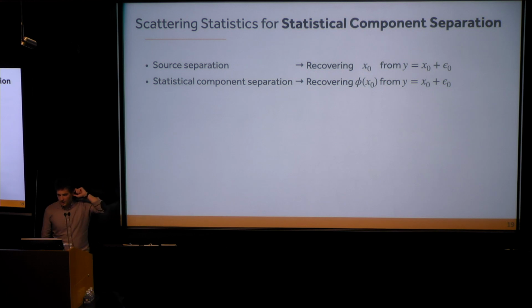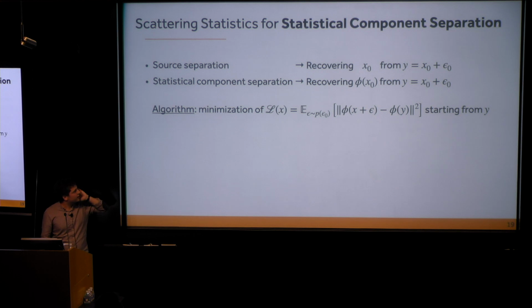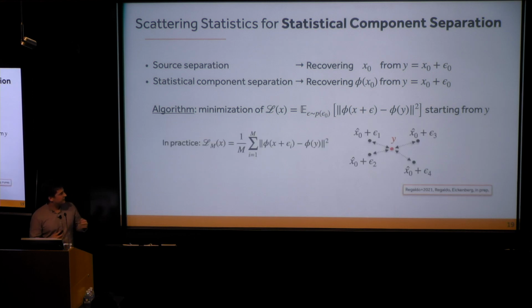And so this is what the statistical component separation problem addresses: recovering this phi of x naught given y. To do that, we introduced a couple of years ago an algorithm consisting in minimizing this kind of loss function starting from y. So you progressively deform your observation y to make a map such that this map plus a sample of your contaminant will match your observation y.